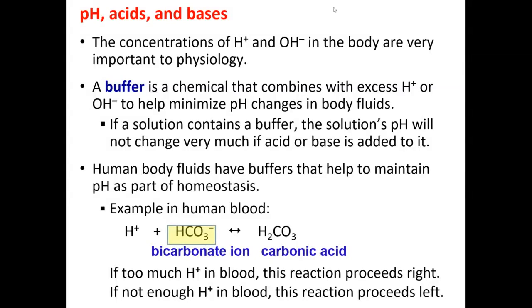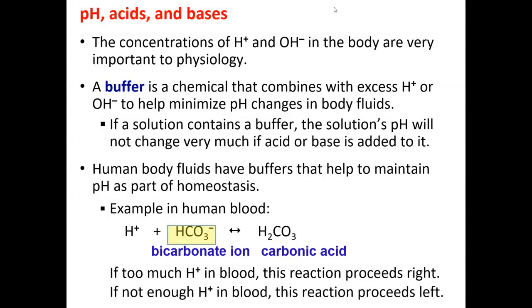If you drink a lot of lemonade, then you're adding a lot of H plus to your blood, making it more acidic. But you've got so much of this bicarbonate in your blood all the time that those H plus ions you're adding will combine with these bicarbonate ions to form these carbonic acid molecules. So it's taking these H plus out of the solution to keep the pH at the normal level.